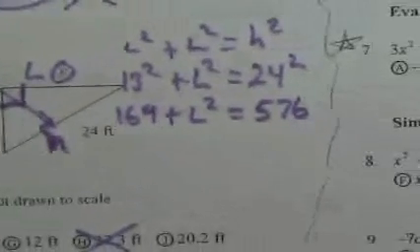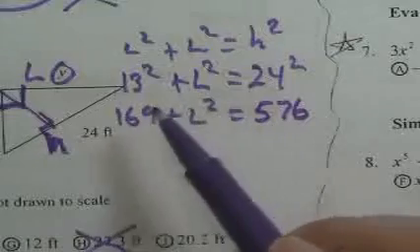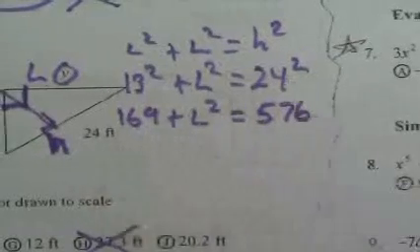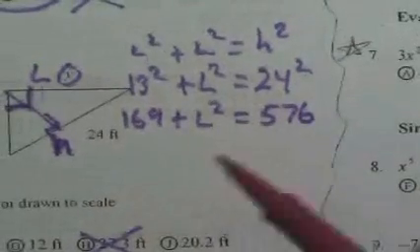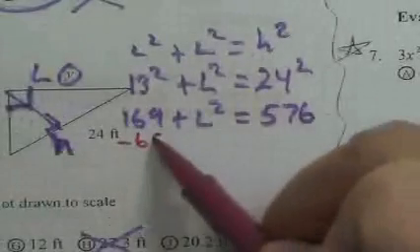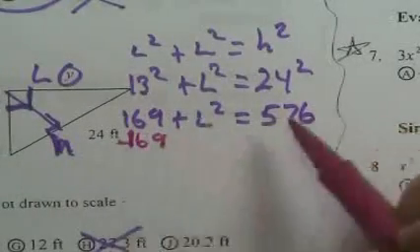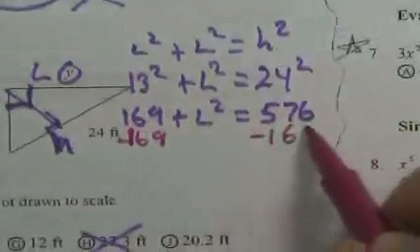Okay, so I want L by itself. I need to get rid of 169. So I will subtract 169, minus 169, minus 169.